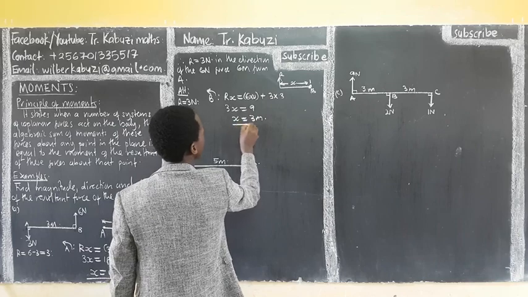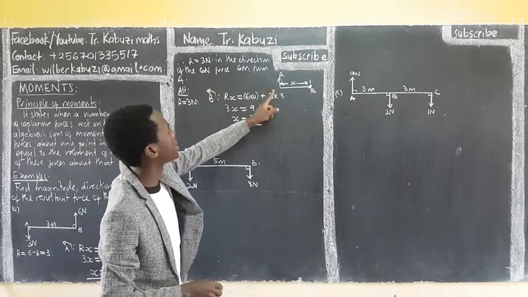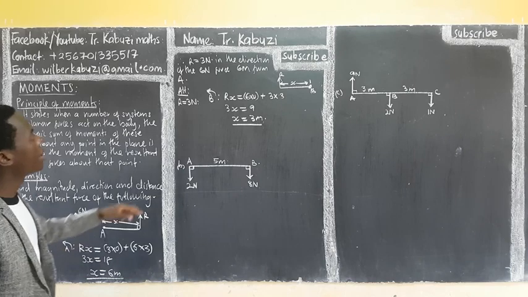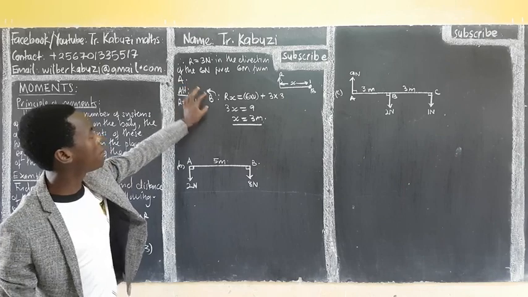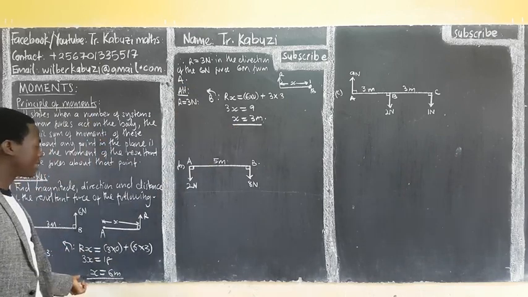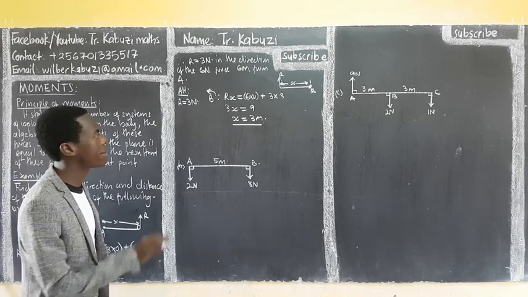What does it tell us? It means that my R is in the direction of this force. If you take moments about B, the distance is 3 meters. If you take moments about A, the distance is 6 meters. So it's up to you.